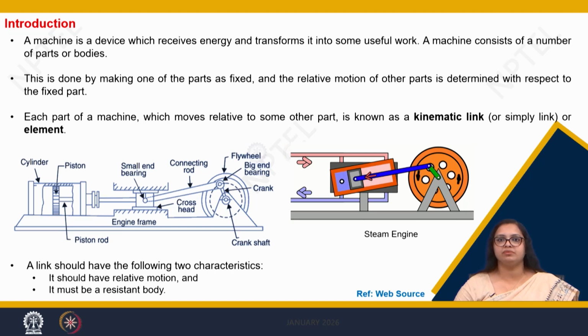There are multiple small elements or components that combine to form a huge machine, which gives us some kind of definite work. Again, the different parts of the machineries give us different kinds of action that we require for different operations. So first of all, coming to the introduction of this lecture, what is a machine?